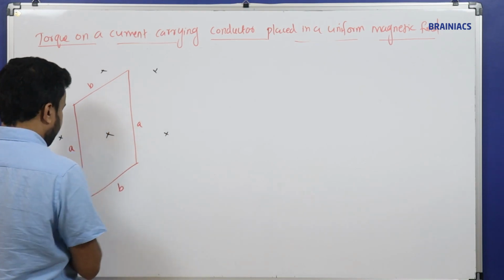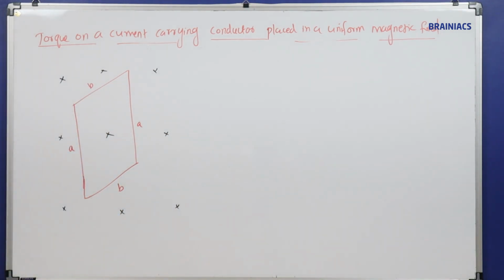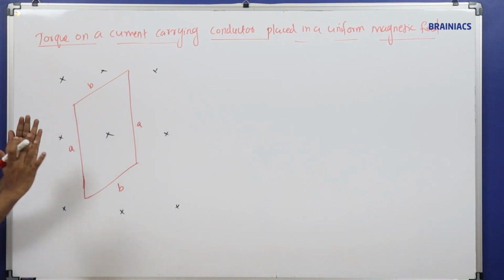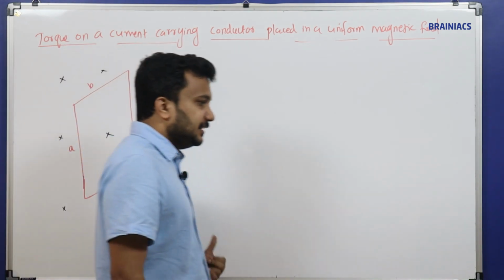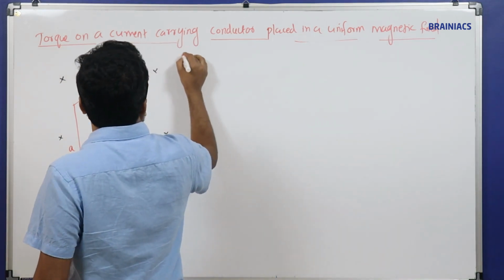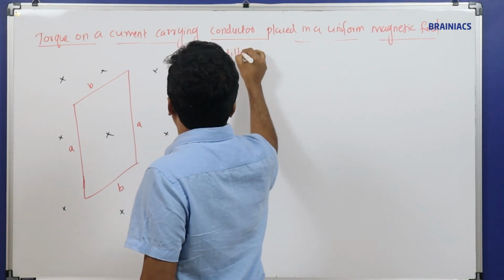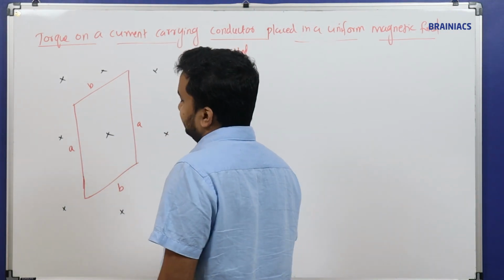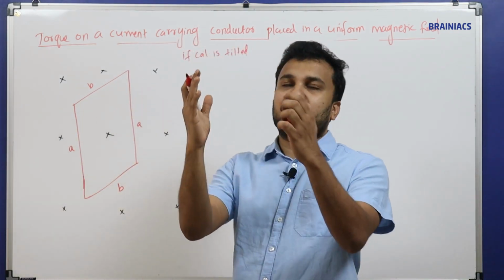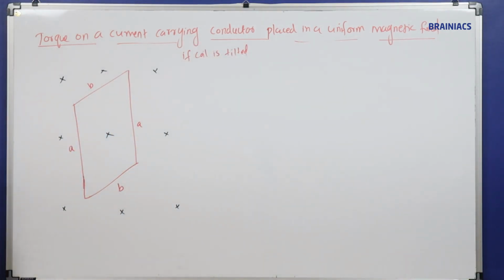Here the coil is tilted, not straight as we showed before. So if the coil is tilted, initially it is a straight line, and you have to assume it in a three-dimensional way.